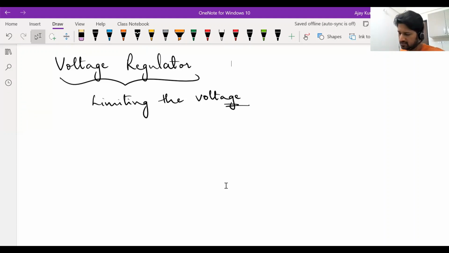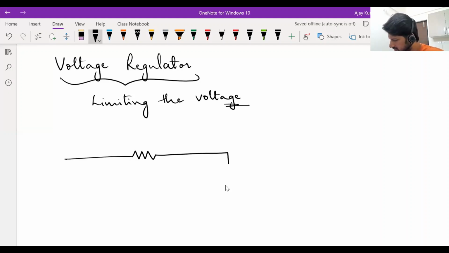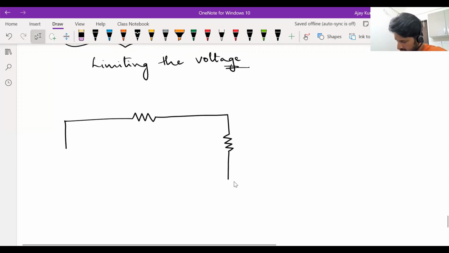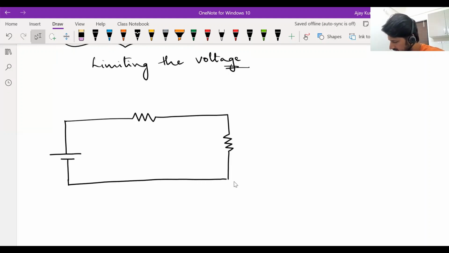So let's see how a Zener diode can do that. Let's consider a simple example. Suppose there is a voltage applied across a series combination of two resistors like this. Let's take some example values.